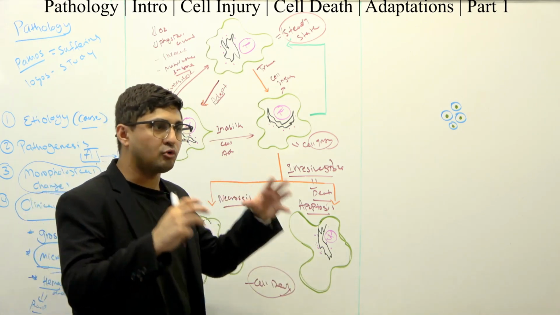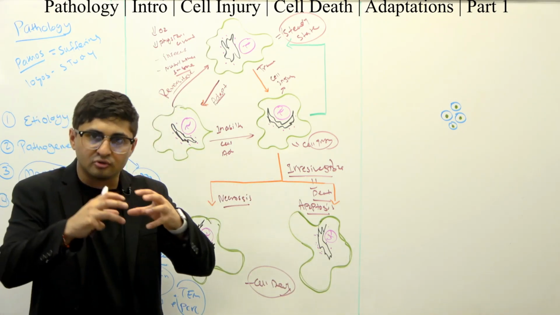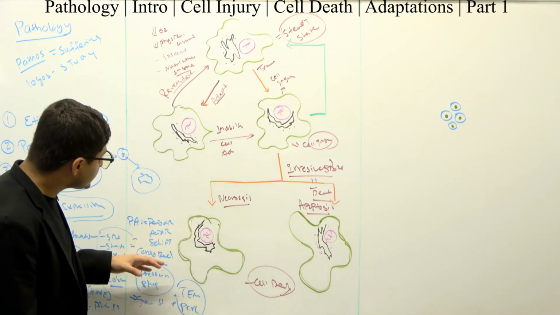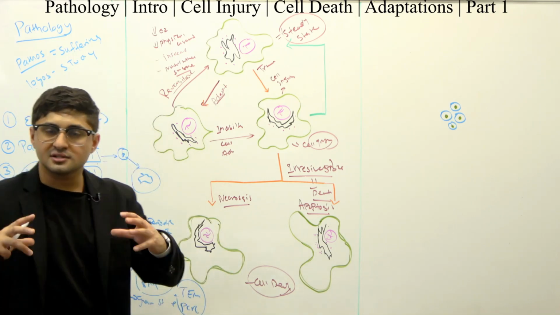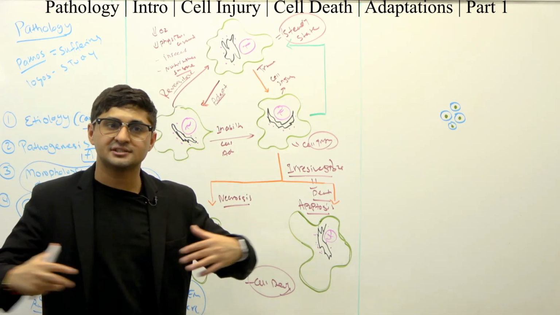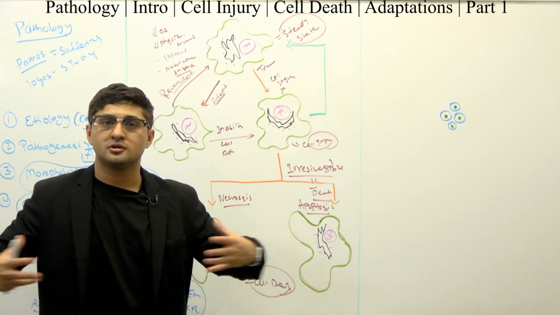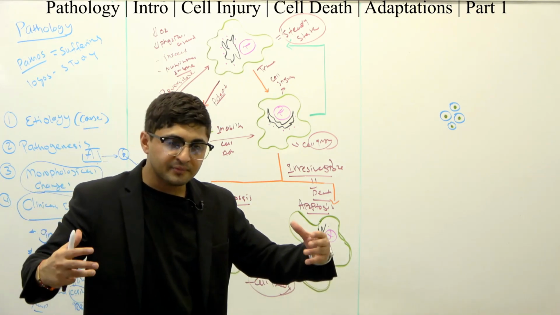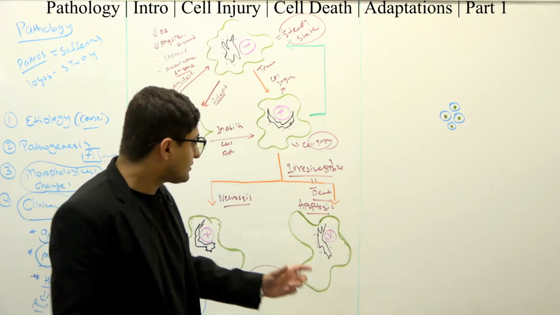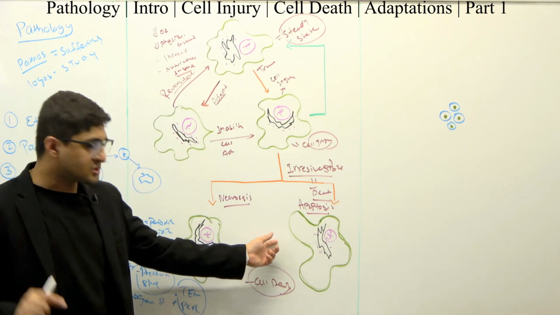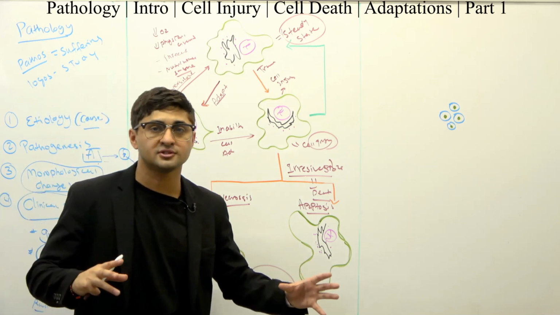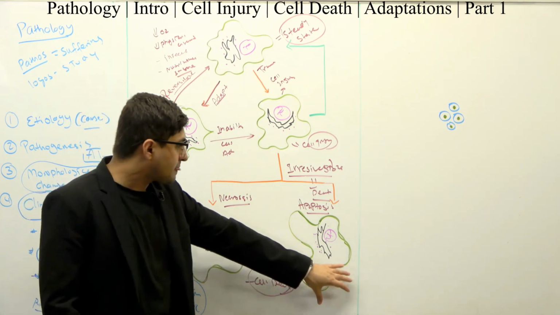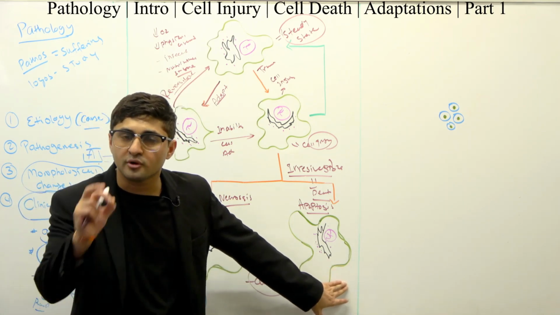They die in a fragmented, programmed, organized way, and they don't spill over anywhere. In necrosis, the cell dies, but when it dies, it spills over into your vascular compartment, and that usually causes inflammation. There is one biggest difference between apoptosis and necrosis. There are other differences too, but one of the biggest is that necrosis causes inflammation, and apoptosis does not. That's one of the big differences, all right?